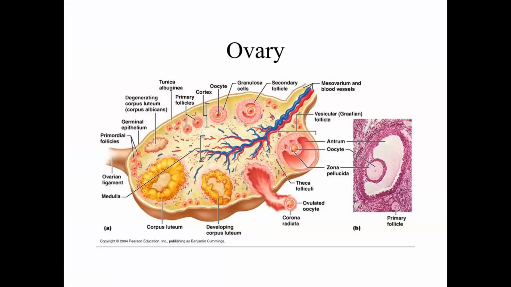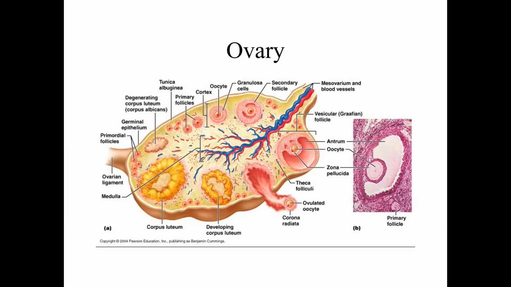You have hundreds of thousands of eggs in there, maybe growing more as we go along, because conventional wisdom said the female ovary has 3 million eggs at conception, 1 million eggs at childbirth, and 400,000 at puberty.